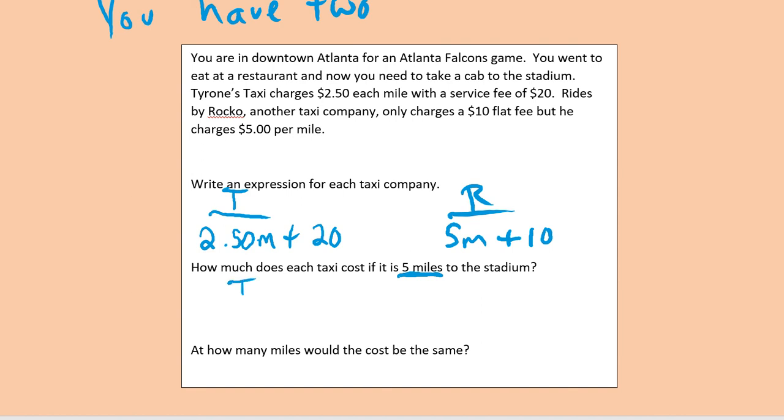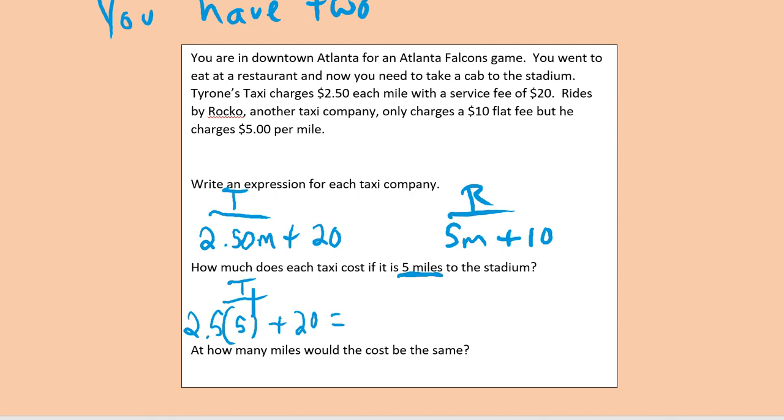So for Tyrone, we'd say it's 2.5 times 5. It's acting a little wonky, but you have to add the $20 in at the end. 2.5 times 5. You come off to the side and answer that question. 2.5 is a number close to 3. You're multiplying a number close to 3 by 5, and you're going to get a number close to 15, and it's going to be a little bit less.